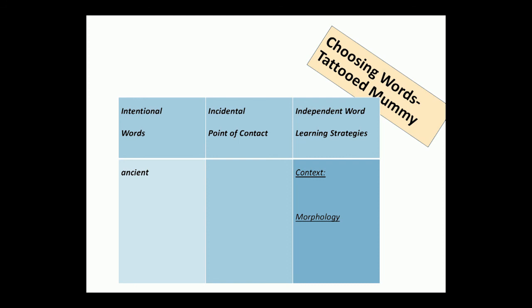And because of time, I'm not going to ask you to read the whole thing, but I'm going to ask you to read the first 2 paragraphs, and I want you to select, I selected ancient, but I want you to select a word that you think would be useful, would be important, and has potential for growth. If you were reading this with your students, choose one word that you think you would want to directly teach, okay? Everyone doing that individually.